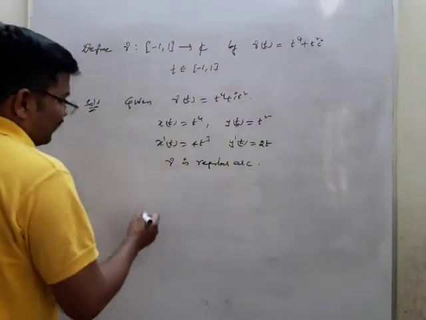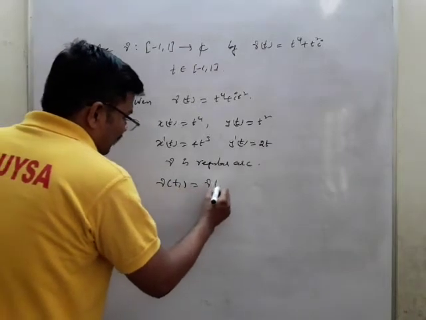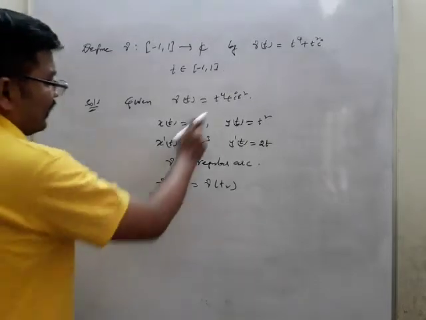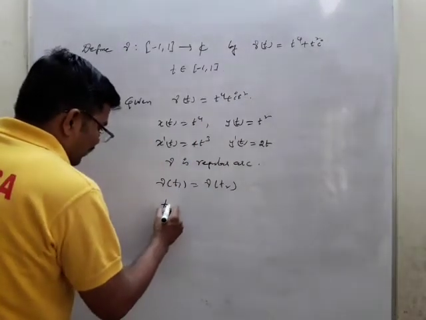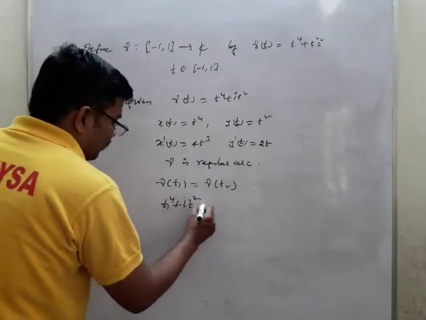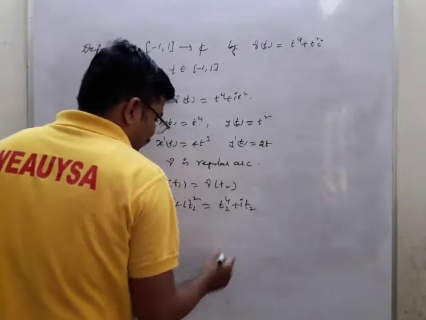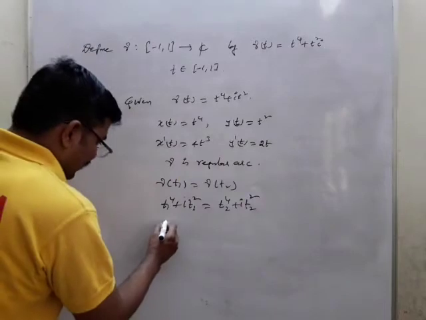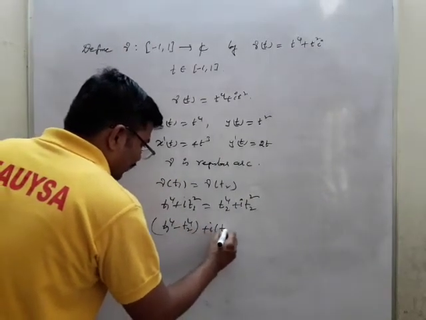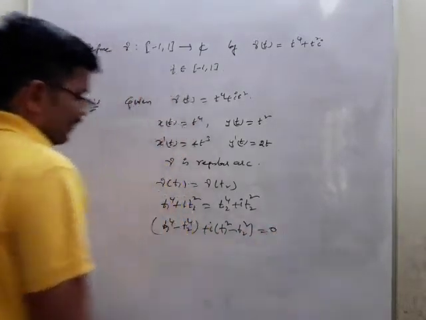Now we'll try to find out whether it is 1-1 or not. So gamma of t1 is equal to gamma of t2. If you take gamma of t1 equal to gamma of t2, this is nothing but t1 power 4 plus i t1 square is equal to t2 power 4 plus i t2 square. So t1 power 4 minus t2 power 4 plus i into t1 square minus t2 square is equal to 0.